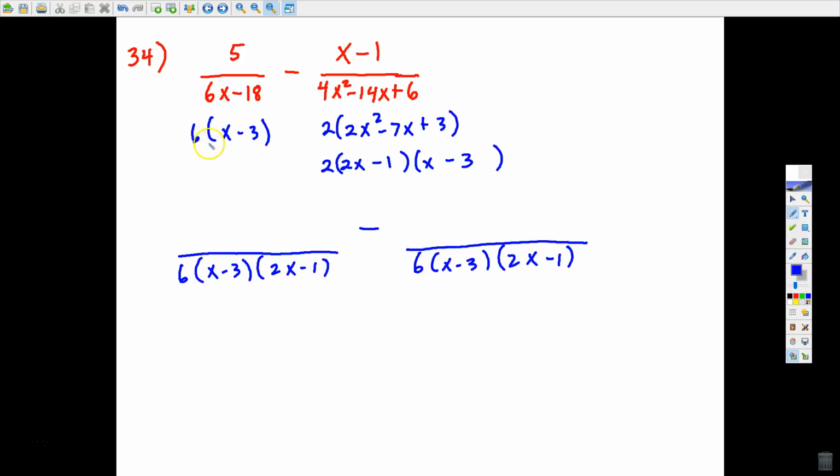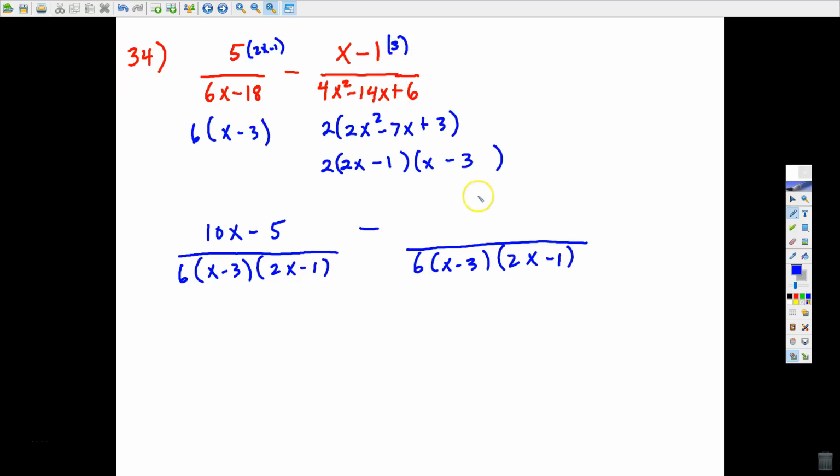Alright, so divide the original factored denominator into the common denominator, and whatever doesn't cancel multiplies. So 2x minus 1 is going to multiply by 5, and that's 10x minus 5. Over here, 2x minus 1 cancels, x minus 3 cancels, 2 goes into 6 3 times.